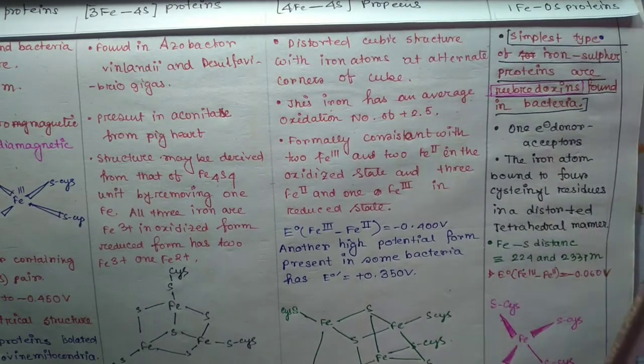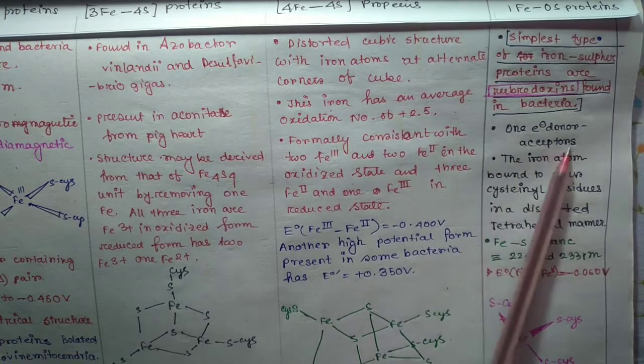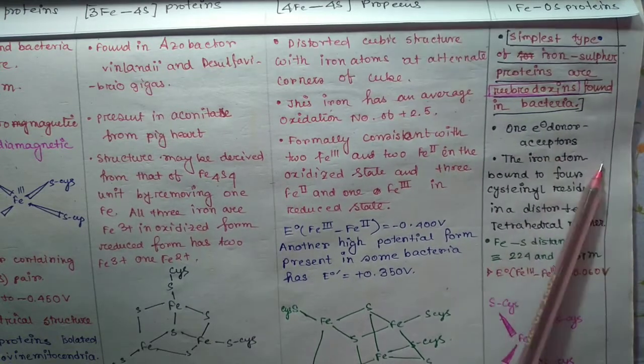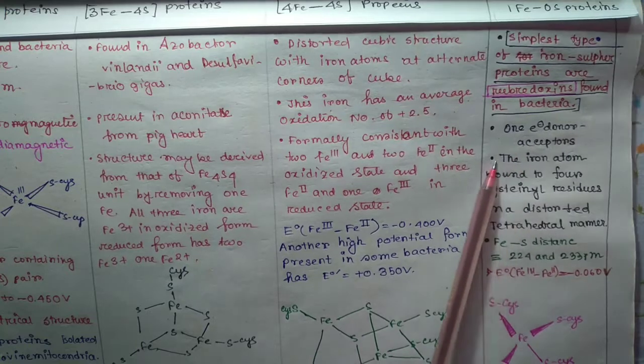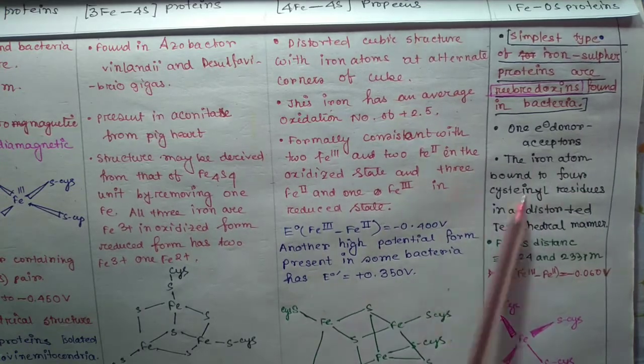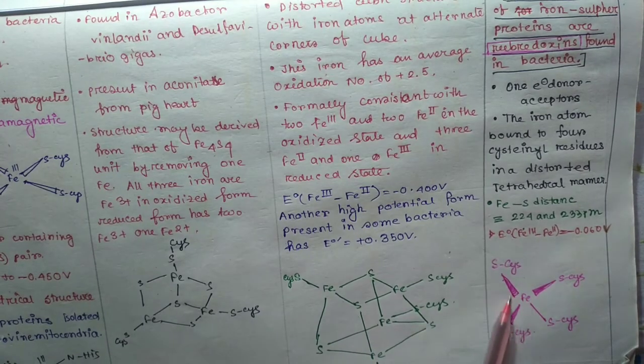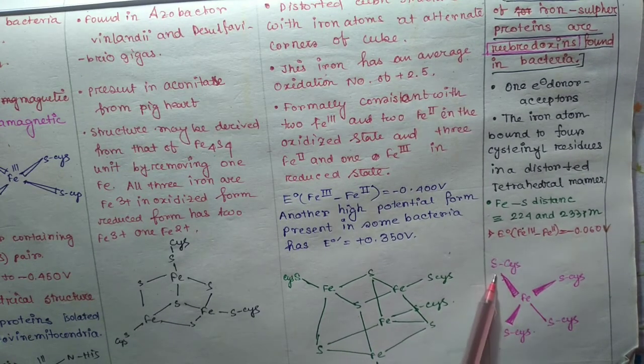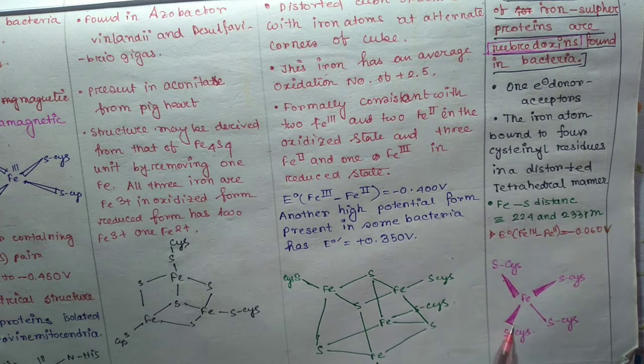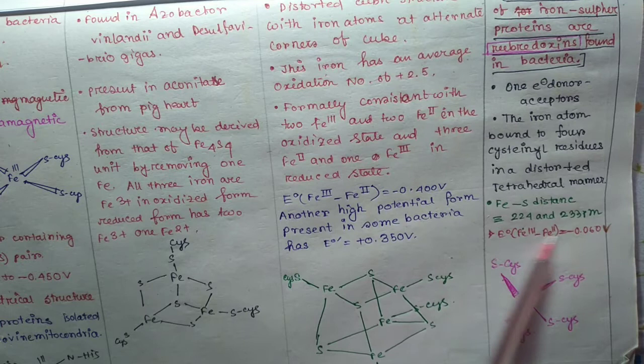Here they can act as one electron donors or acceptors. Look at this structure. This is the iron atom that is bound to 4 cysteine residues. Obviously this is a distorted tetrahedral structure.